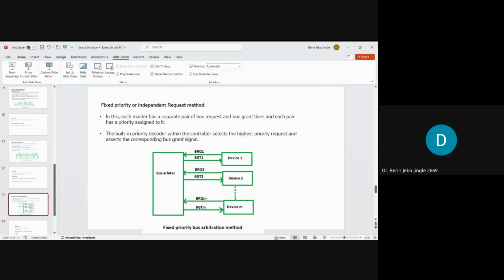This method has a built-in priority decoder. When the bus arbiter receives a request, it grants the signal, but based on the built-in priority decoder, it allocates the bus to the devices. So this is also based on priority. Higher priority devices are granted the bus first. That's all about the three different methods.